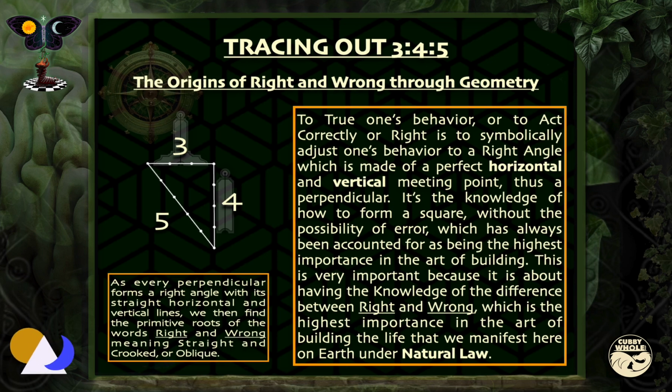It's the knowledge of how to form a square without the possibility of error, which has always been accounted for as being of the highest importance in the art of building. Even if you're building buildings like the ones downtown in your local city, those buildings or houses are built with this knowledge.